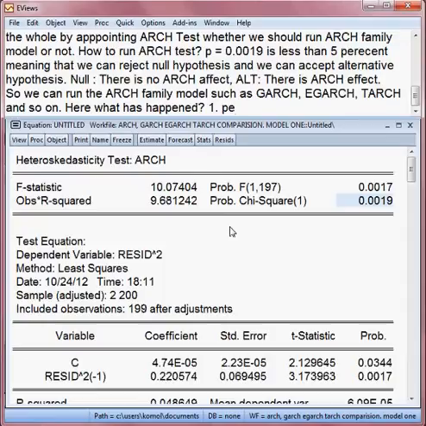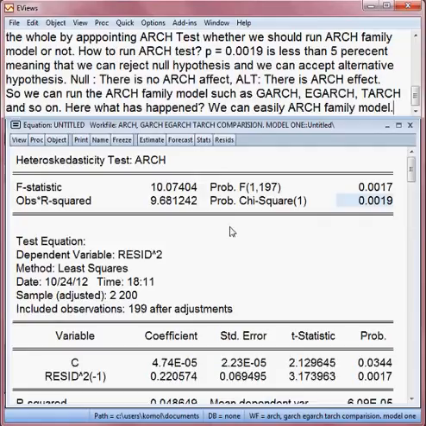And secondly, after running the ARCH test, we have found that there is an ARCH effect. So we can easily run ARCH family model. Okay.